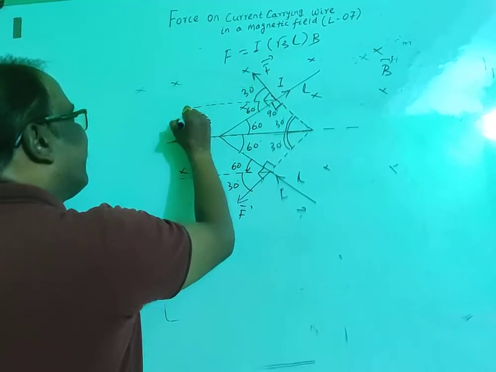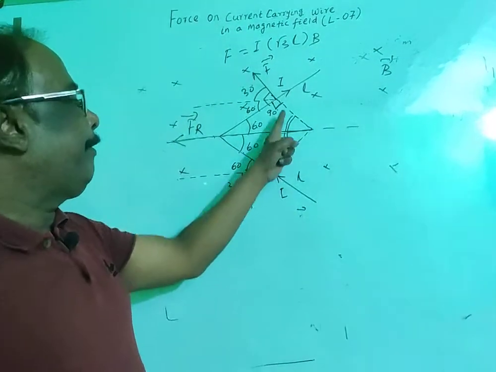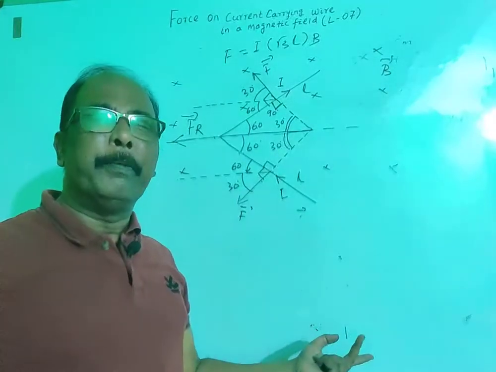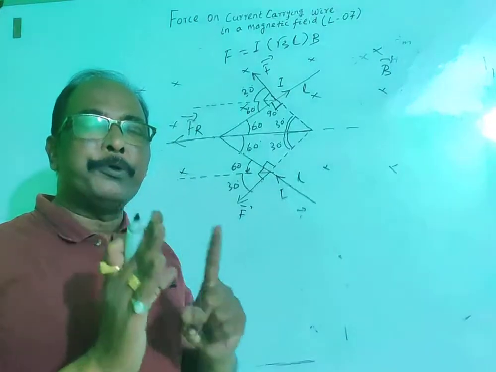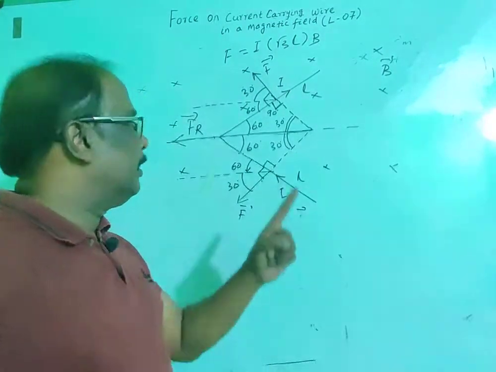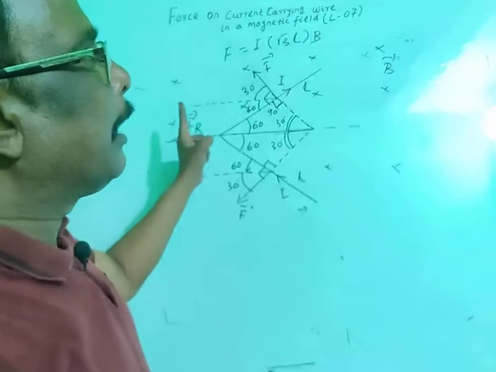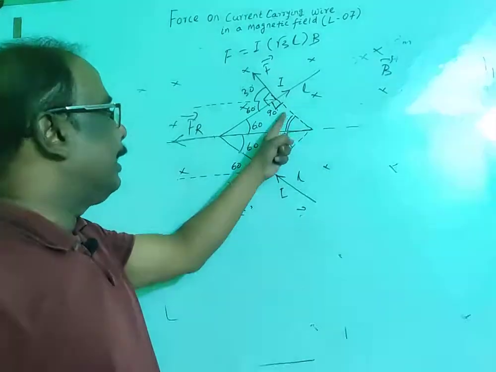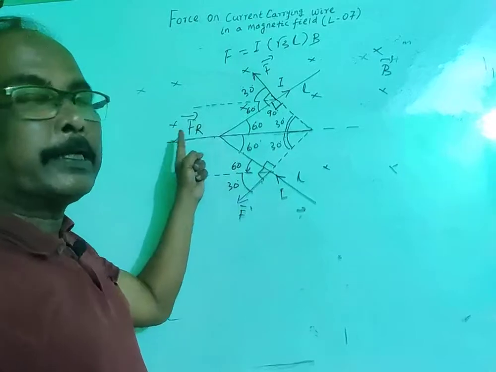Of course, the representation will be like this. 30, 30, F. So this is the direction of the resultant force. You know from vectors, if the magnitude of two vectors is the same, then their resultant must bisect the angle between the vectors. Total angle is 60 degrees. Then the force bisects the angle.